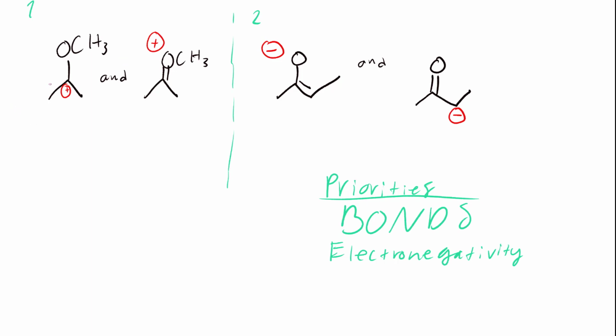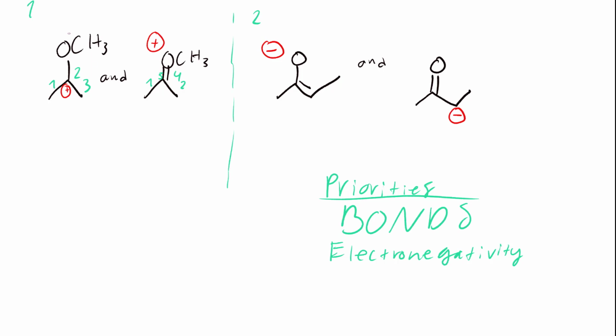Well, let's see. 1, 2, 3, right? Okay, 1, 2, and 3. Well, that's okay. But what about this? 1, 2, 3, and 4. 4 of them.